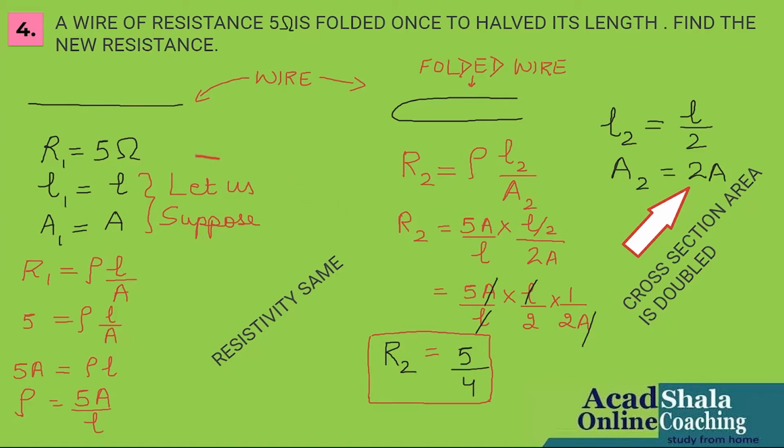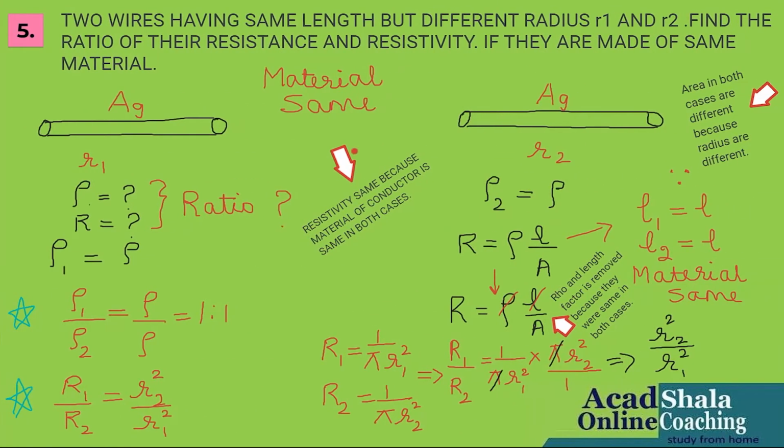So the criteria should remain the same: whatever is given in the sum or numerical, write it down. What you have to find out, please put a question mark. Now which formula you have to put according to the demand in the sum or the numerical, please go ahead, but always keep in mind the units and of course the conversion of your units, very important in your maths as well as in physics.